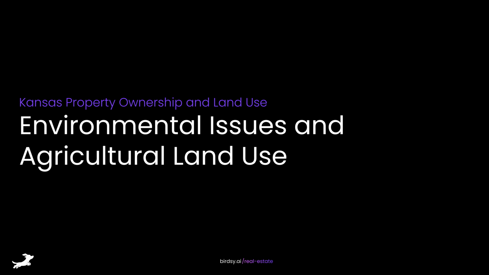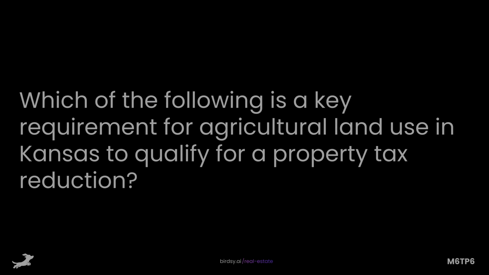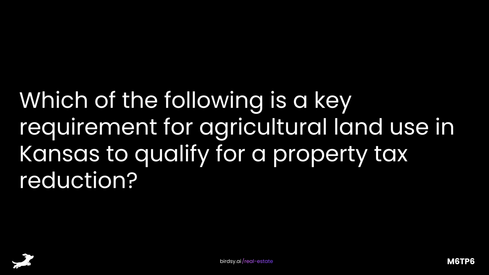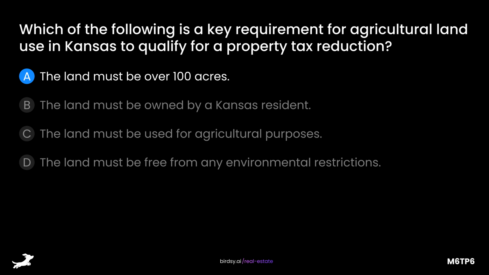Environmental issues and agricultural land use. Which of the following is a key requirement for agricultural land use in Kansas to qualify for a property tax reduction? Is it A, the land must be over 100 acres, B, the land must be owned by a Kansas resident, C, the land must be used for agricultural purposes, or D, the land must be free from any environmental restrictions?